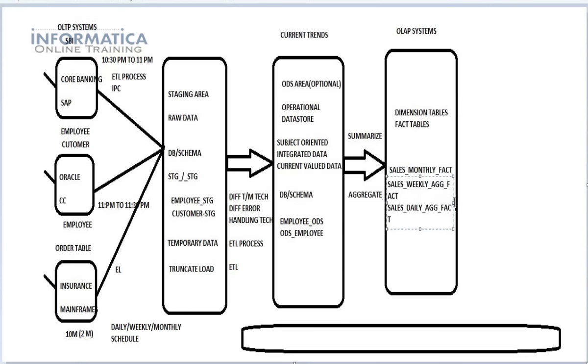These fact tables in the OLAP system contain the summarized information. So from the ODS area you can perform reporting, and from the OLAP system also you can perform reporting. This is the BI layer, or the reporting layer.